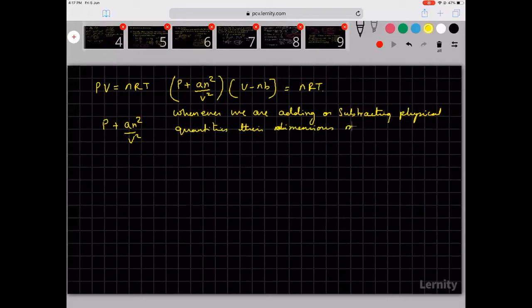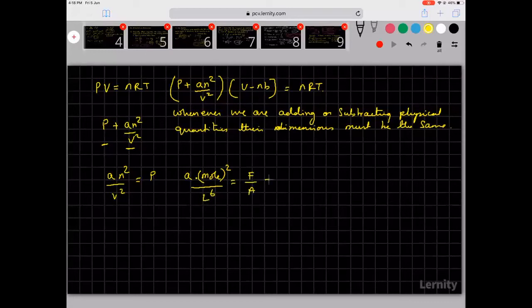Write down the notes. So P and A n squared by V squared should have the same dimension. Can I say that A n squared by V squared has the dimensions of pressure? So can I say A into mole squared by length power 6 is equal to force upon area?